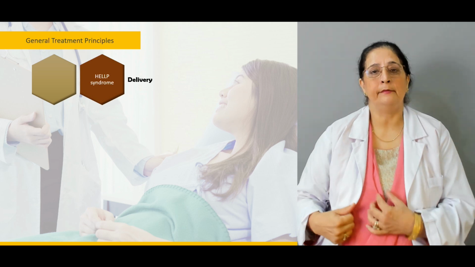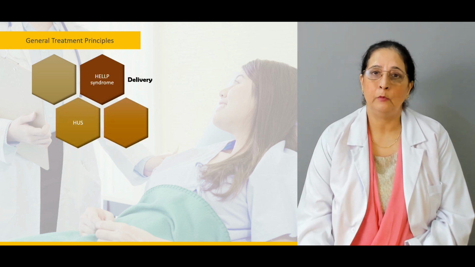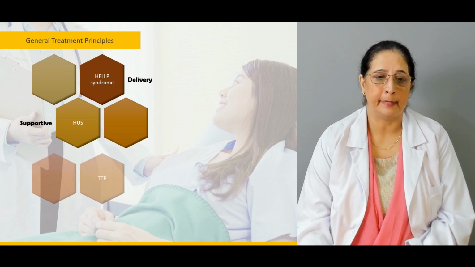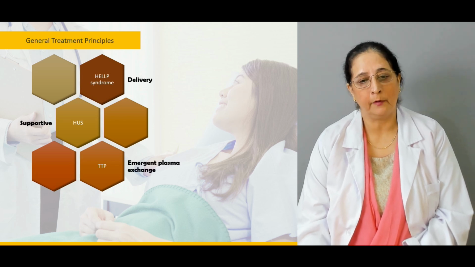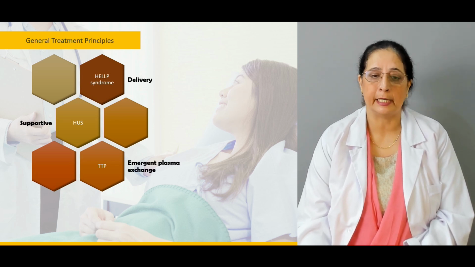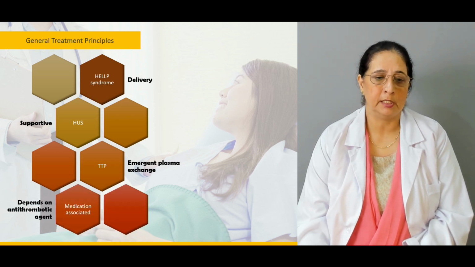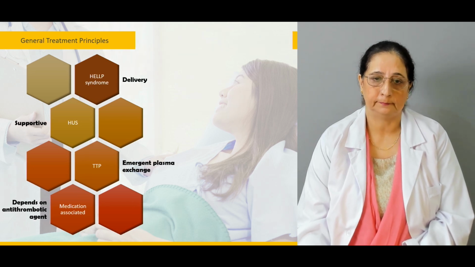And after the delivery, the condition is resolved. Hemolytic uremic syndrome treatment is supportive treatment. Thrombotic thrombocytopenic purpura, emergent plasma exchange. And for medication-associated, it depends on the agent that is used.